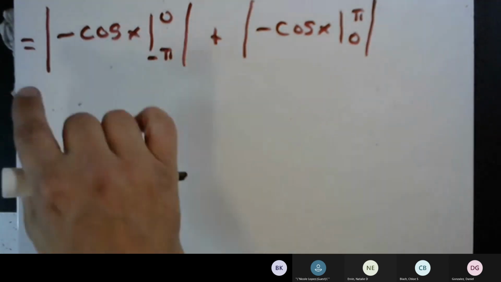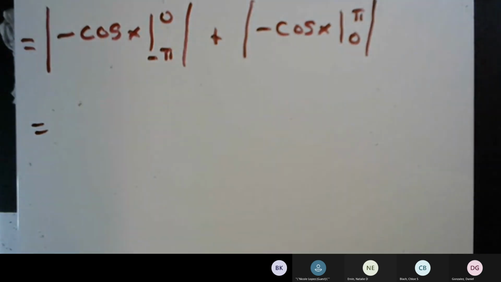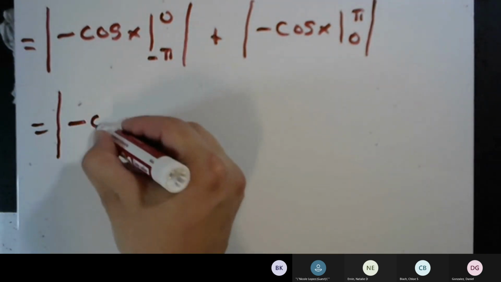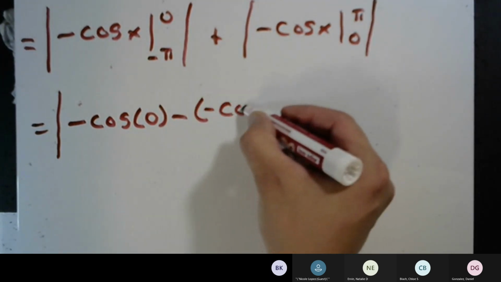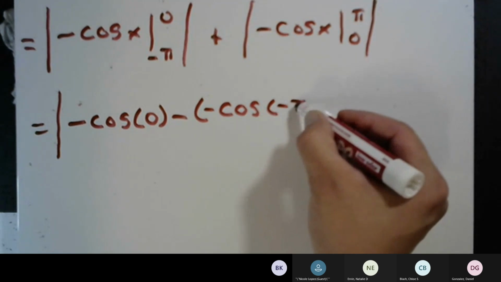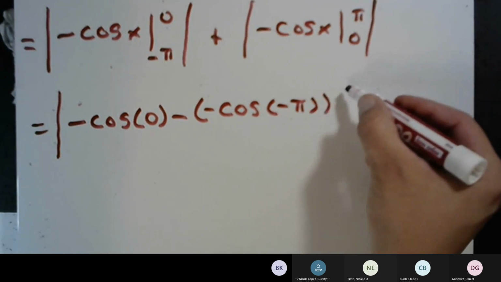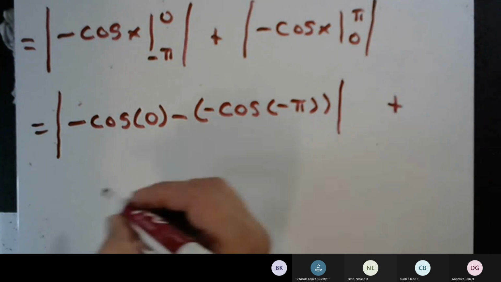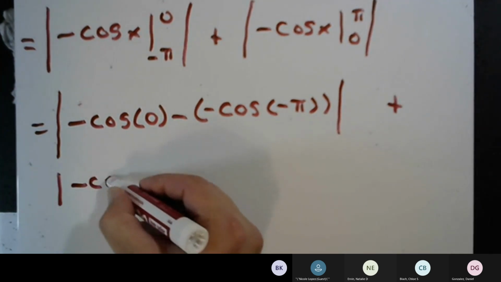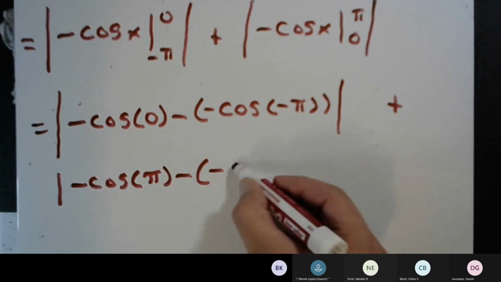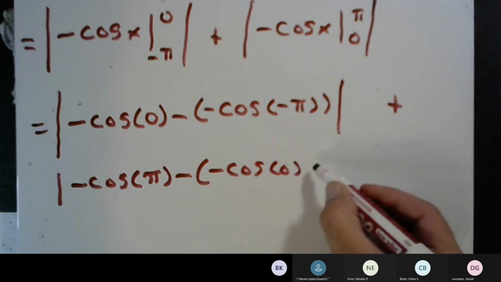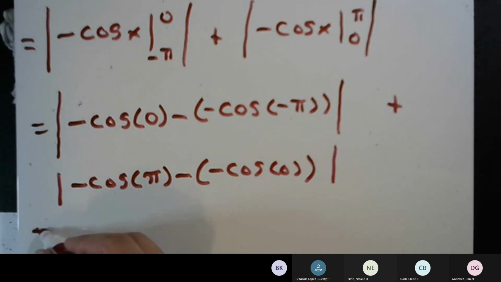Easy to confuse these absolute value bars and your integral bar. So negative cosine of 0 minus negative cosine of negative pi, plus negative cosine of pi minus negative cosine of 0. And so we go through and evaluate.